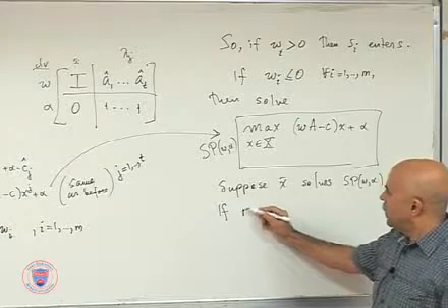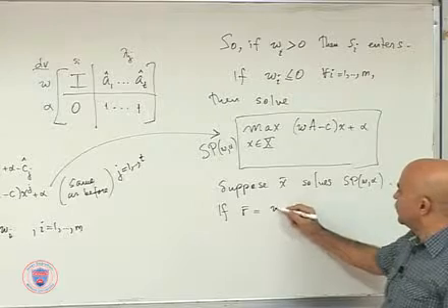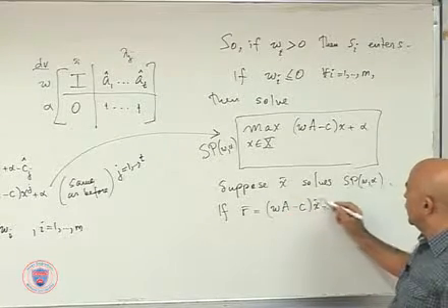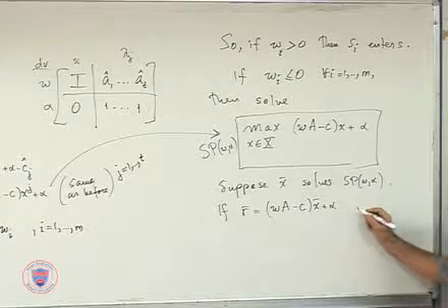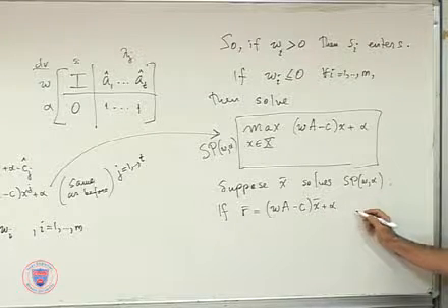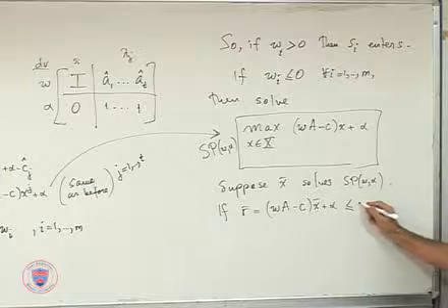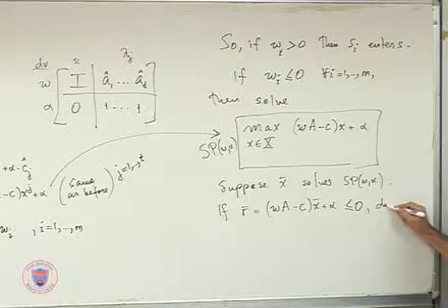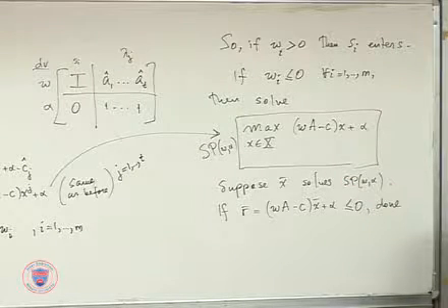If R bar, which is the objective value you get for this, is less than or equal to 0, yes, we're optimal. The old master problem solution is optimal.